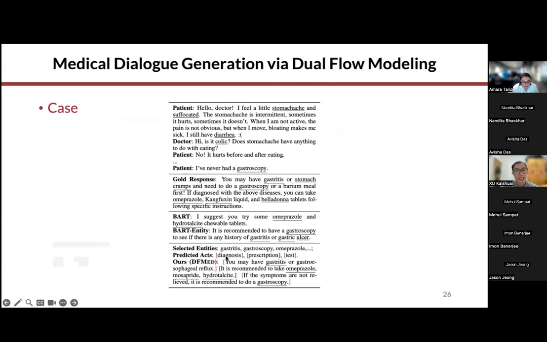This means the doctor needs to make a diagnosis, or indicate a specific disease the patient may have, and needs to prescribe medicines and require another medical test to check some information. And here is the response generated by our model. We accurately capture the important information predicted by the dual flow modeling module.